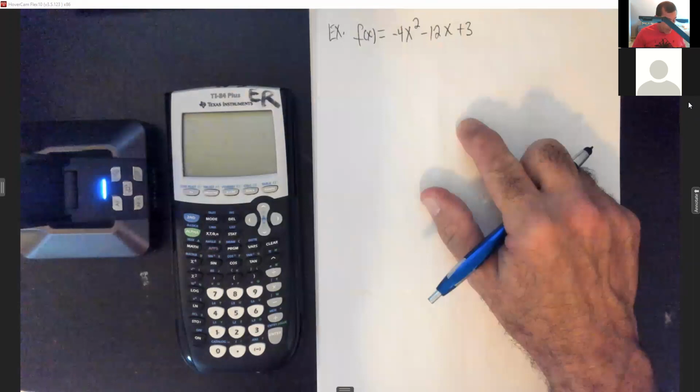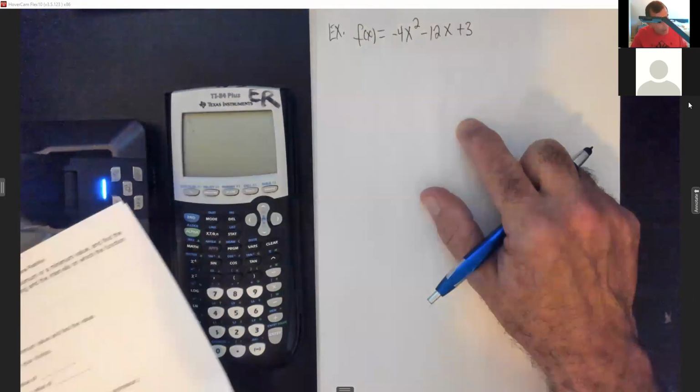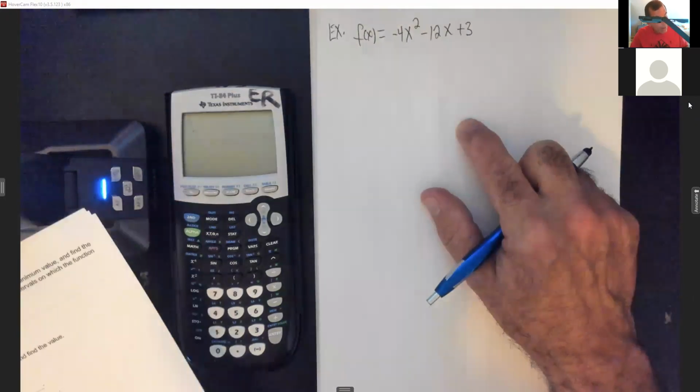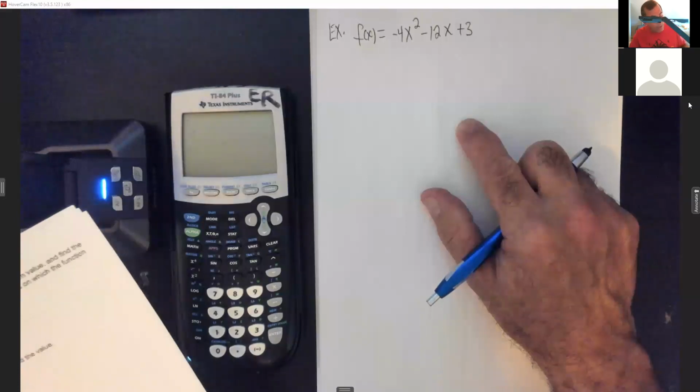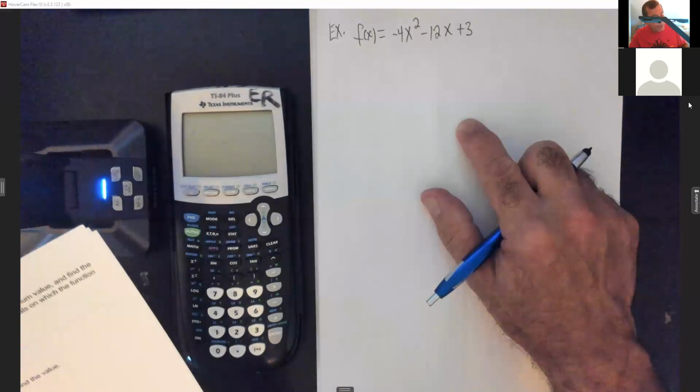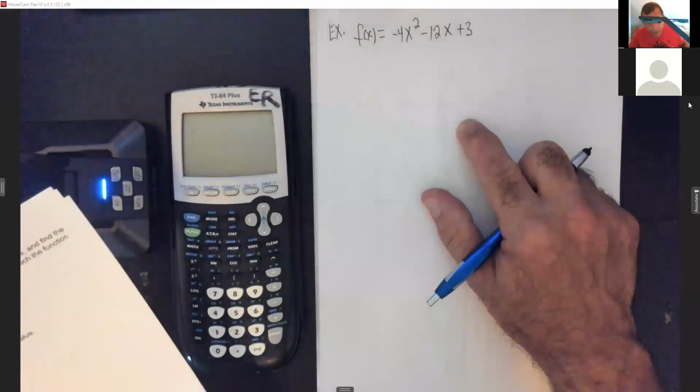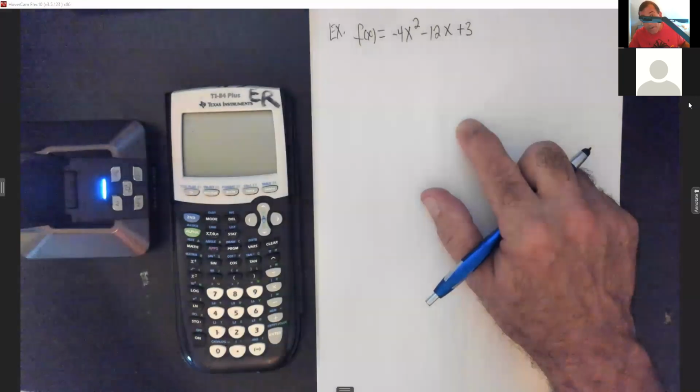So we're going to find a little bit more on this one. So what they want me to find is the vertex. Determine whether the parabola has a max or minimum value and find that value. We're going to find the range. So it's the first time in a while they've asked for the range.